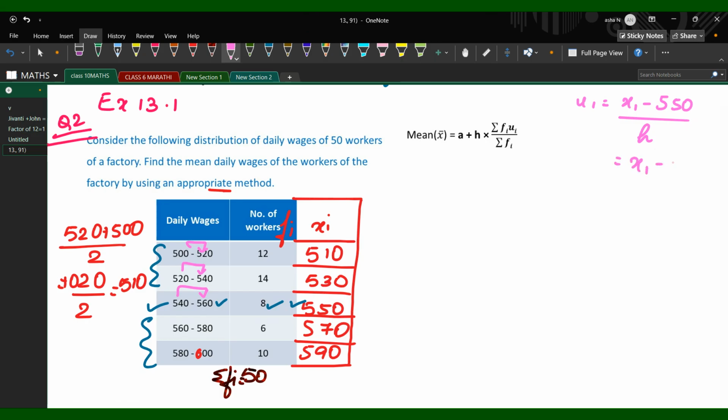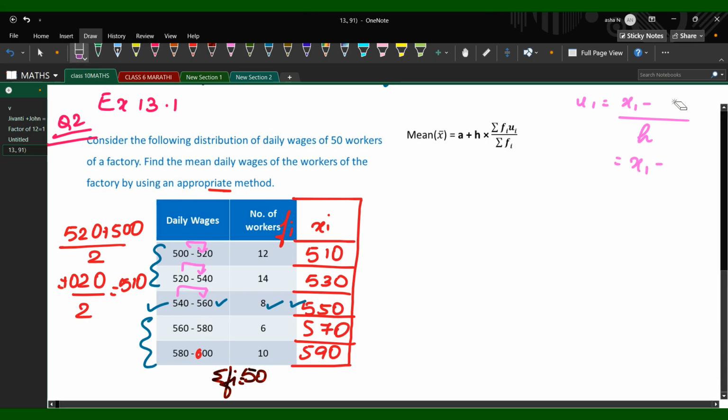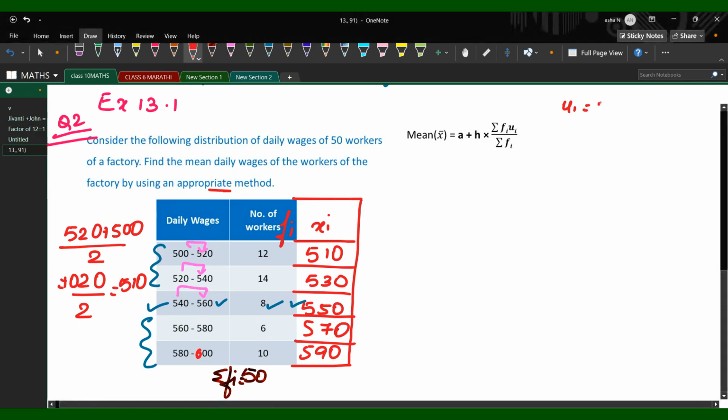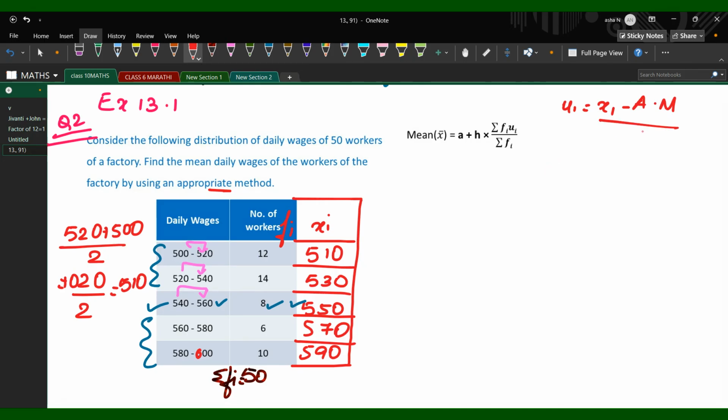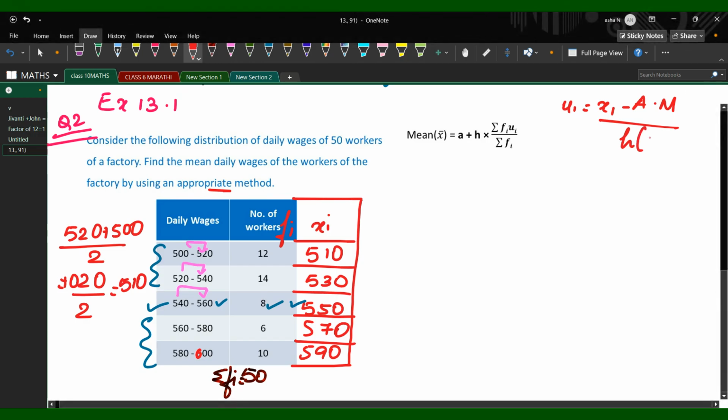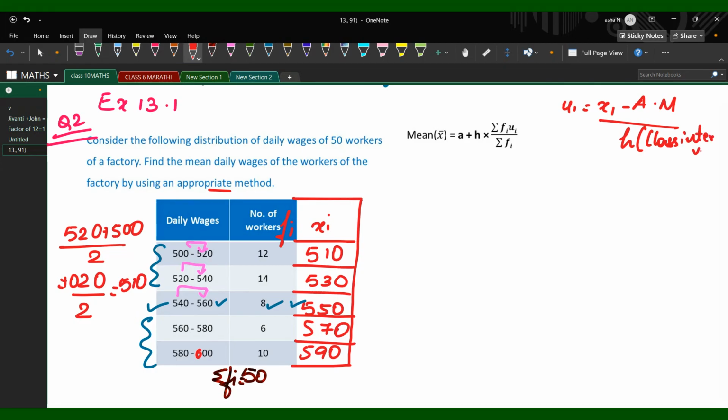Wait, I will put the formula. To find ui, you have to take xi minus the assumed mean, which we have looked at in the table, upon h, and h is the class interval. Are you aware of the word class interval?